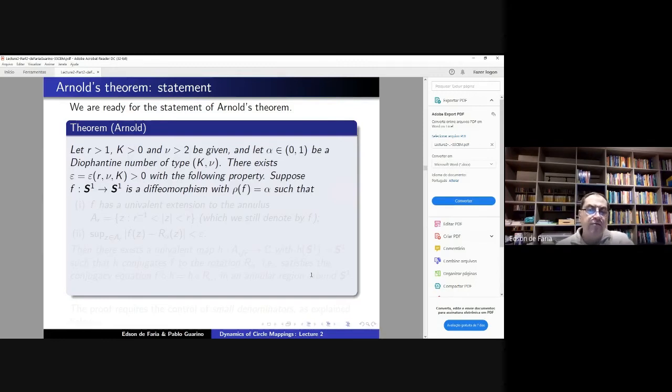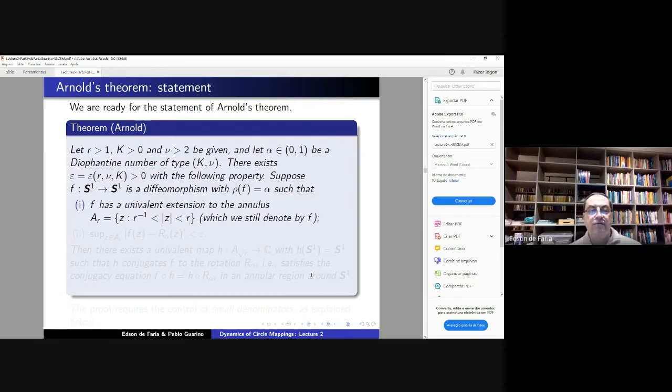And suppose you have a Diophantine number alpha between 0 and 1 of type k, nu. Then you can find some epsilon that depends on r, nu, and k, having the following property: if you have a diffeomorphism f with this rotation number alpha, satisfying the following conditions.